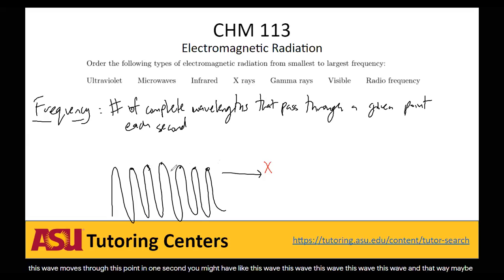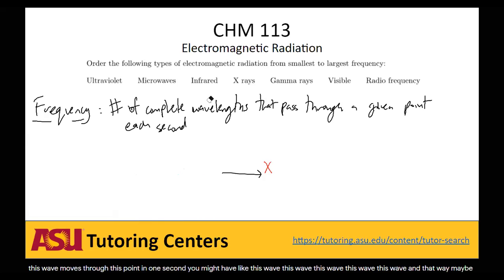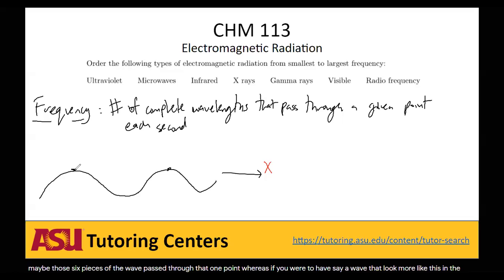Maybe those 6 pieces of the wave pass through that one point. Whereas if you were to have a wave that looked more like this, in the same time, maybe only these 2 peaks pass through this one point. Because they're longer spaced apart, it's going to take more time to get between each peak of the wave.